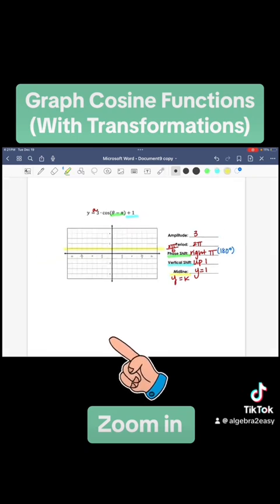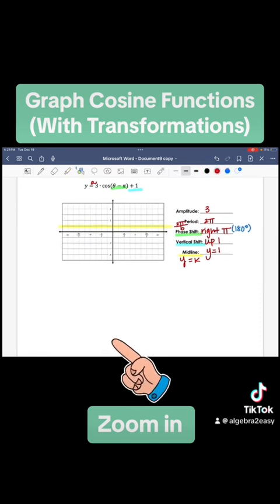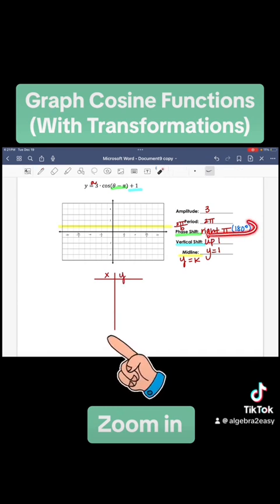Now, to graph this function, we're going to make our table, starting with our phase shift. Our phase shift here was right pi, so we're going to start with 180 degrees. Remember, to determine what you count by, you take your period. Our period was 2 pi, which we know is 360 degrees, and you divide it by 4.